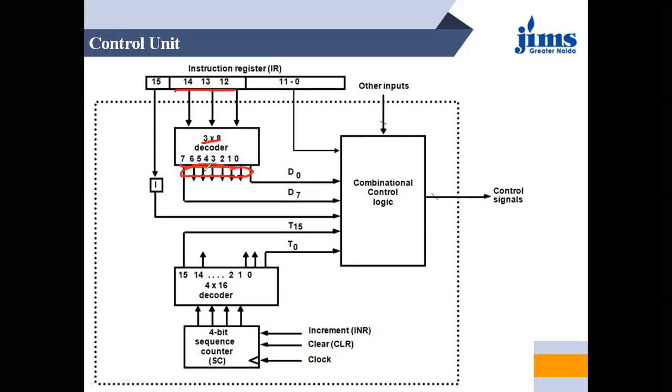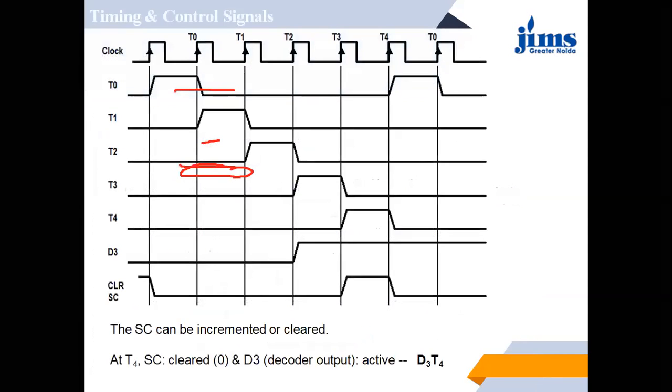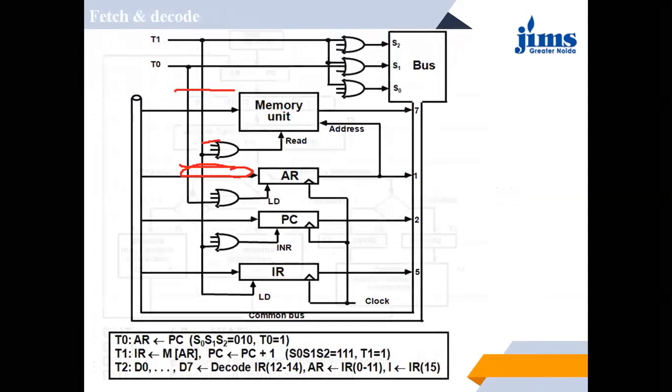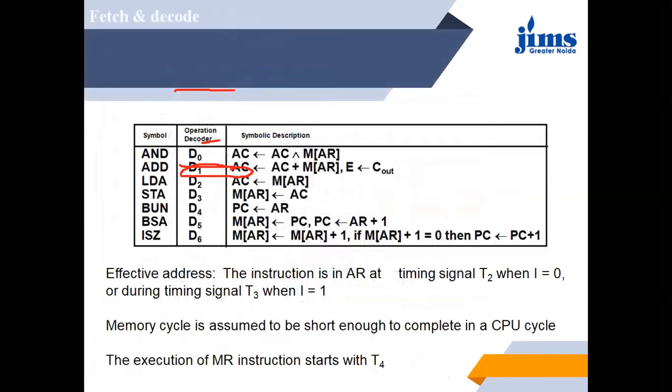So now we will discuss these D0 to D7. Let us try to understand the D0 to D7 control lines, that what operations we can perform on these.